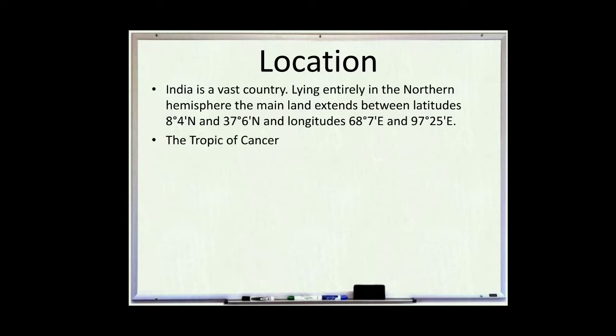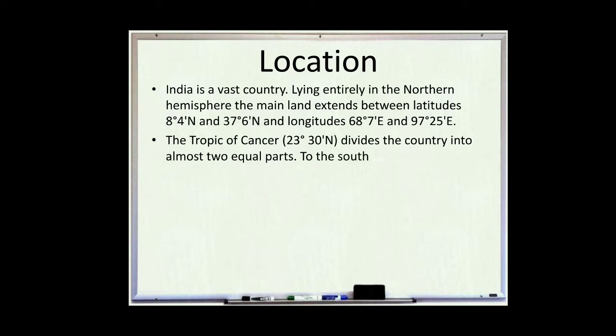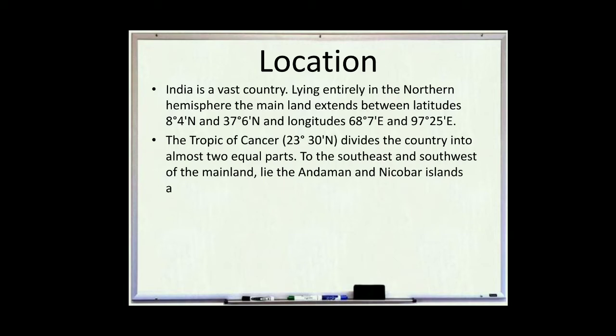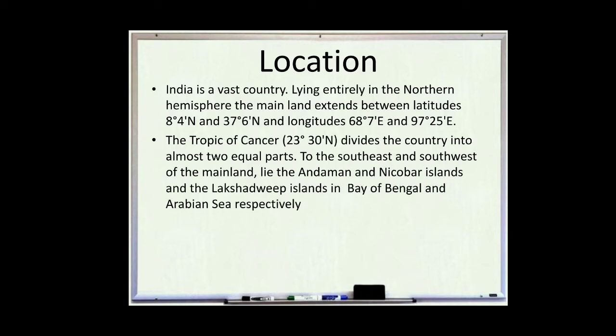The Tropic of Cancer, 23 degree 30 minute north, divides the country into almost two equal parts. To the southeast and southwest of the mainland lie the Andaman and Nicobar Islands and the Lakshadweep Islands in the Bay of Bengal and the Arabian Sea, respectively. So, this is all about the location of our country.